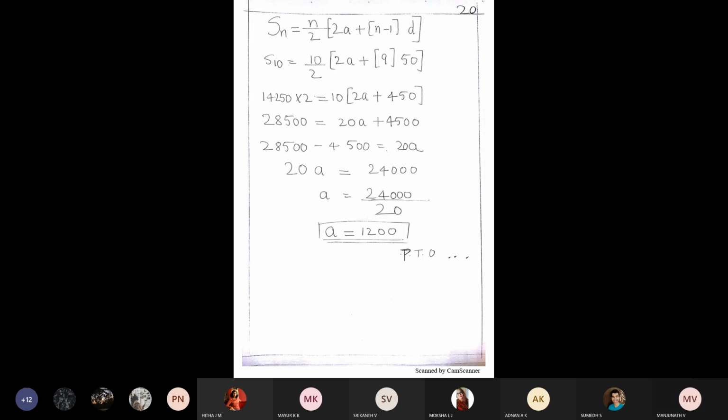Yeah, copy this. Copy the Srikanth solution. He did it right, very right. Very good, Srikanth. Thank you, sir.